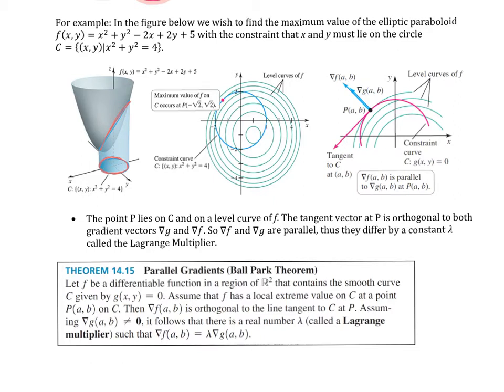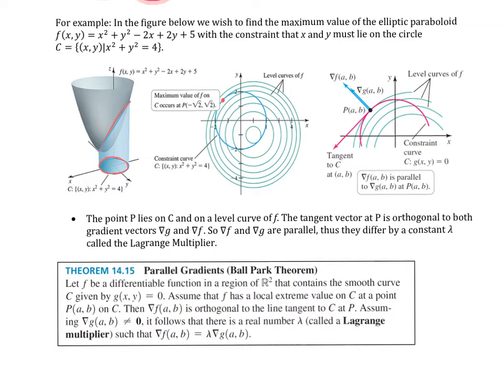So notice at this point P, negative square root of 2, positive square root of 2, it intersects a level curve of our function f and our constraint curve.